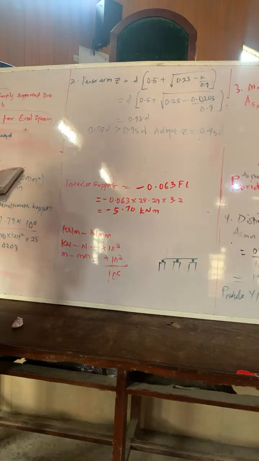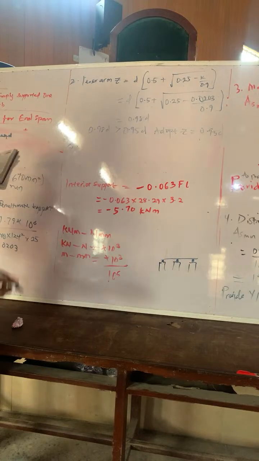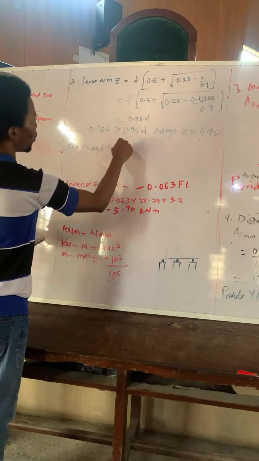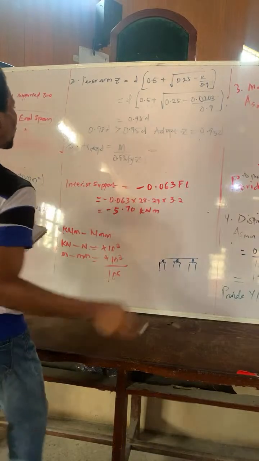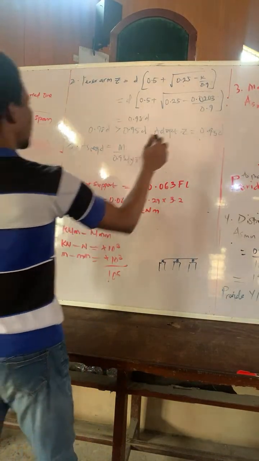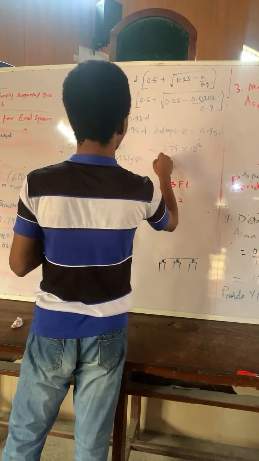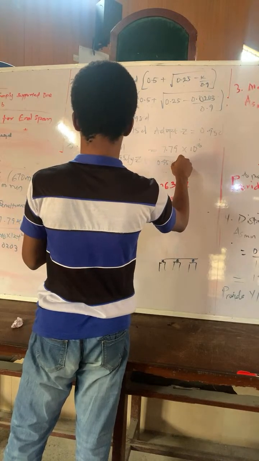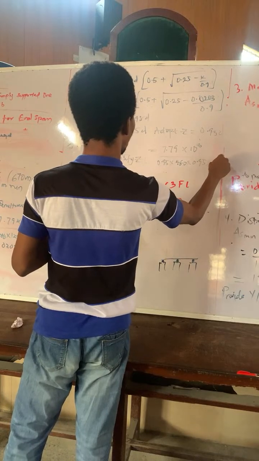So let's move on to our AS required. M over 0.95 FYZ. Our M is 7.79 times 10 raised to power 6 over 0.95 times Fy, which is 460, times 0.95 times 124.